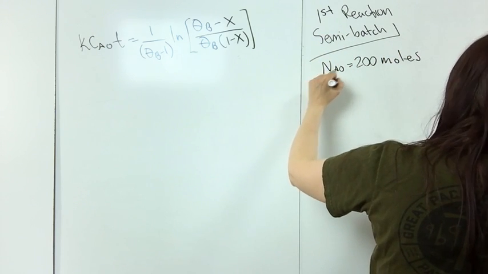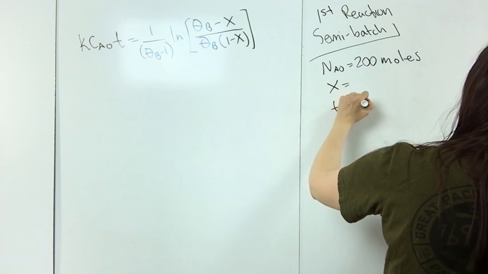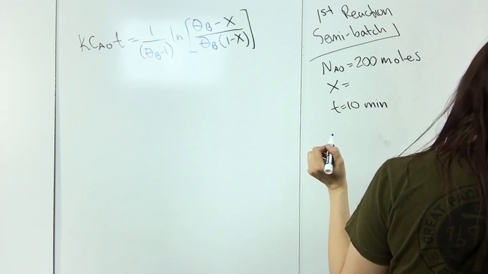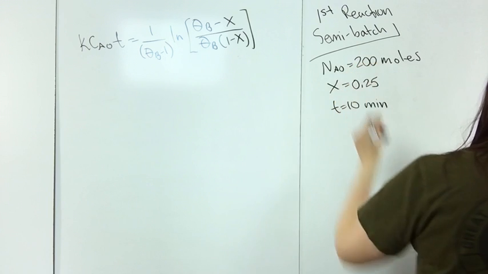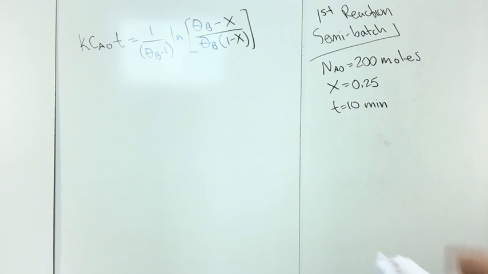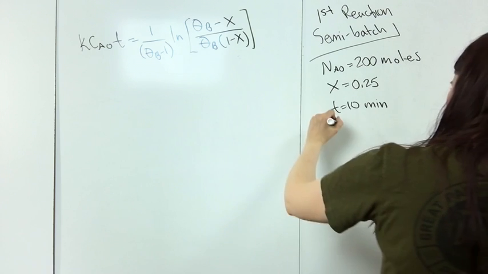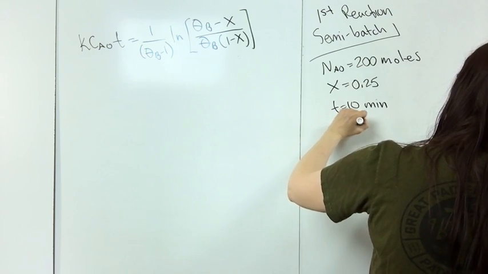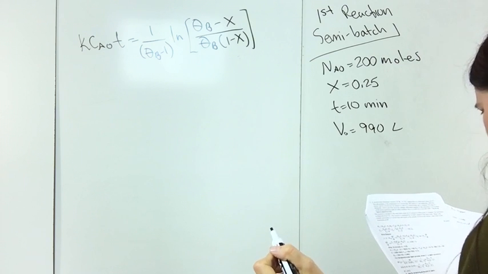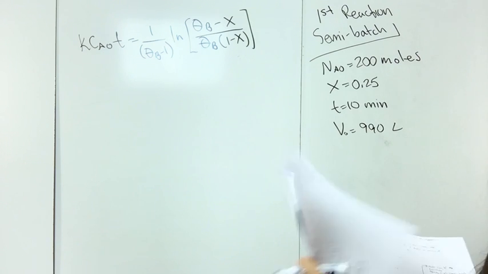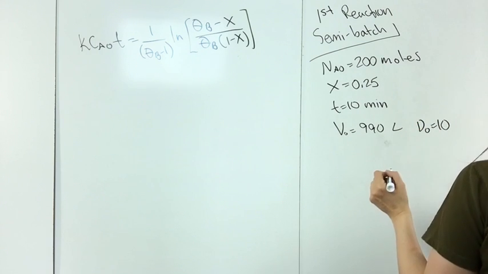We know that X after 10 minutes, so t was 10 minutes, we know that X was 0.25. So then we know that, oh, and then volume V_0 was 990 liters. And V_0 was 10, I think.